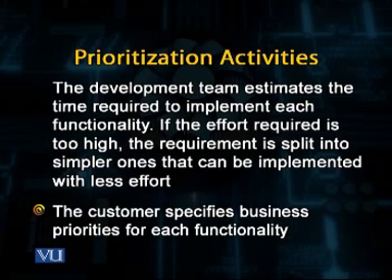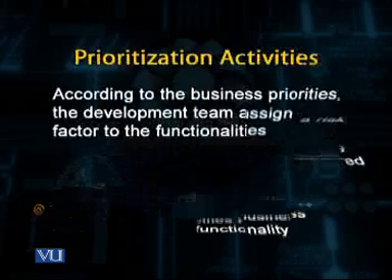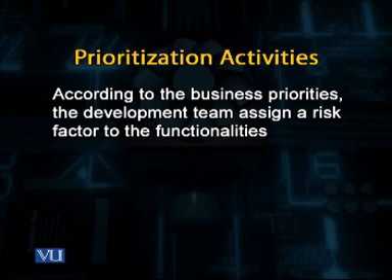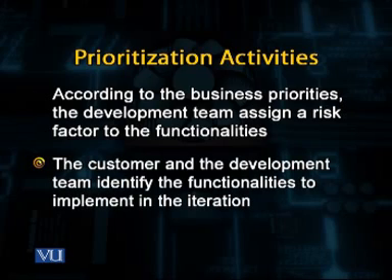This responsibility lies with the customer and not with the developer, because the customer is always available. According to these business priorities, the development team assigns a risk factor to the functionalities. The customer and the development team identify the functionalities to be implemented in each iteration. Again, this can only be done if the customer is available on site and working alongside the development team.